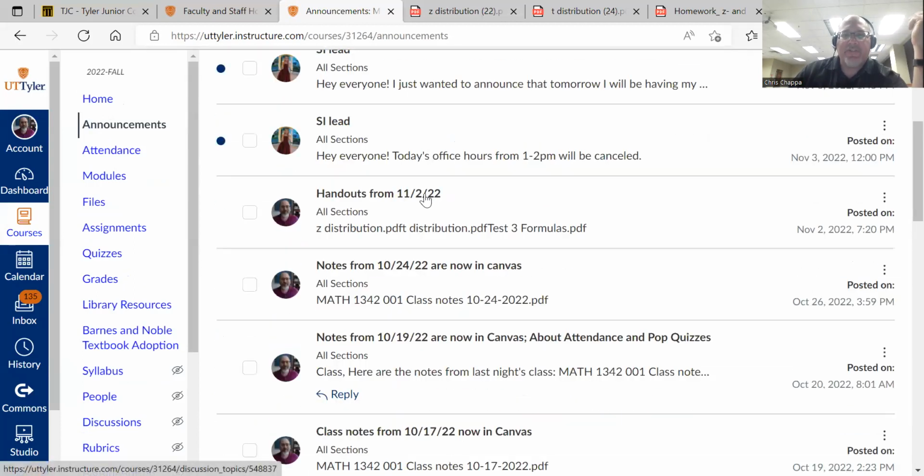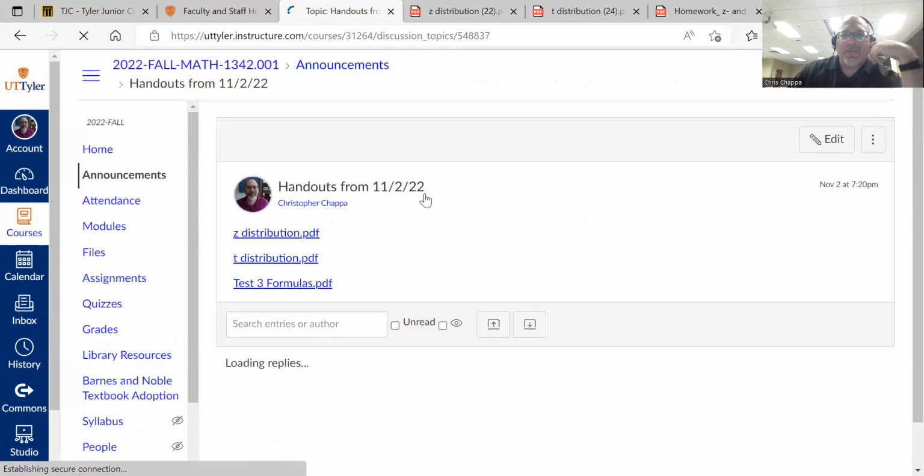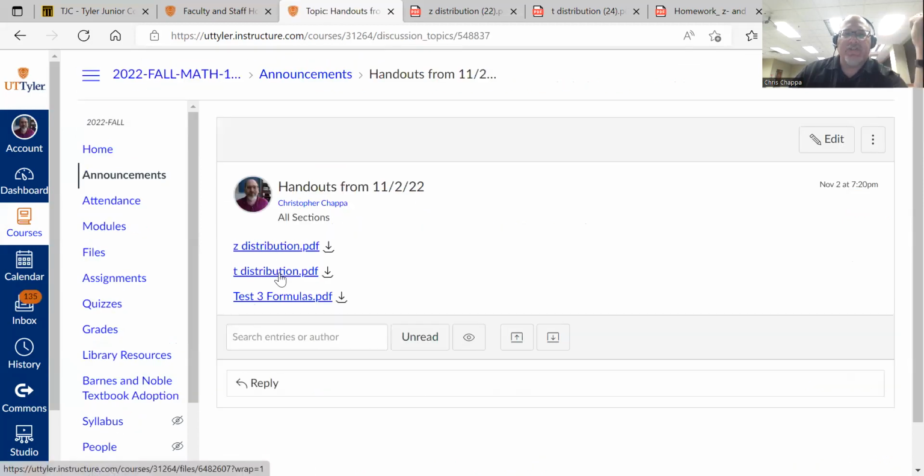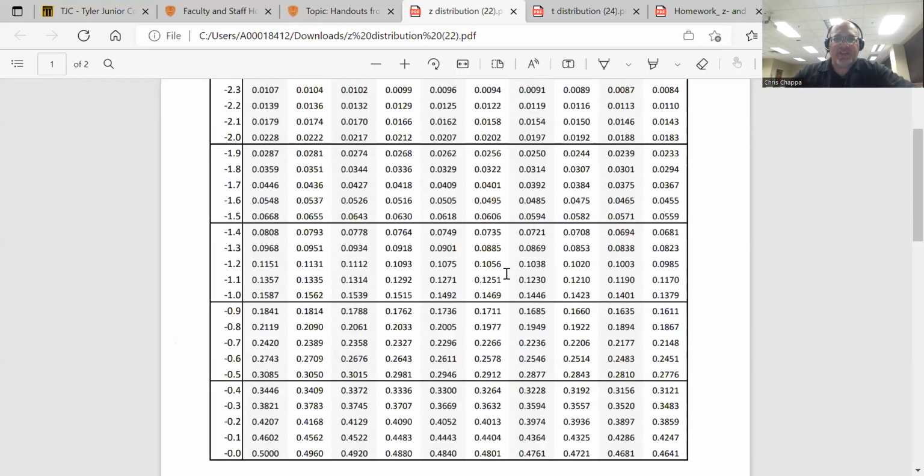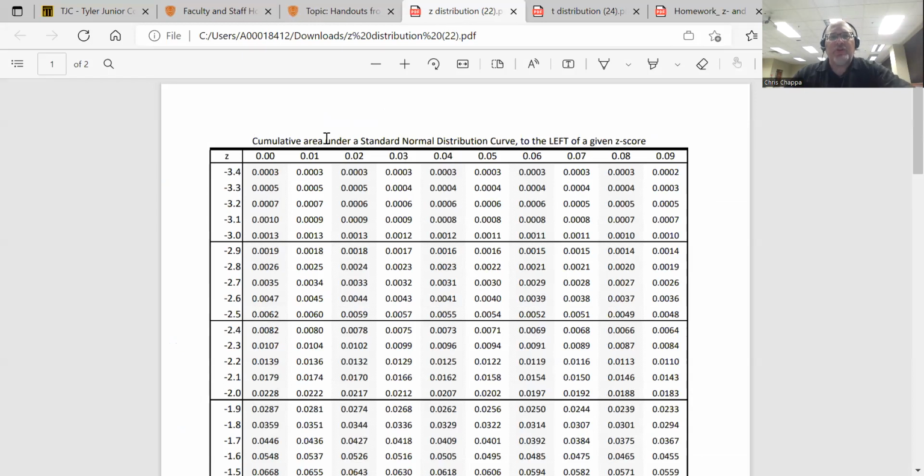Handouts from 11 to 22. If you click on this, the Z distribution, the T distribution, and the test 3 formulas, I gave out all of these last Wednesday. But our Z distribution says at the top, cumulative area under a standard normal distribution curve to the left of a given Z-score.